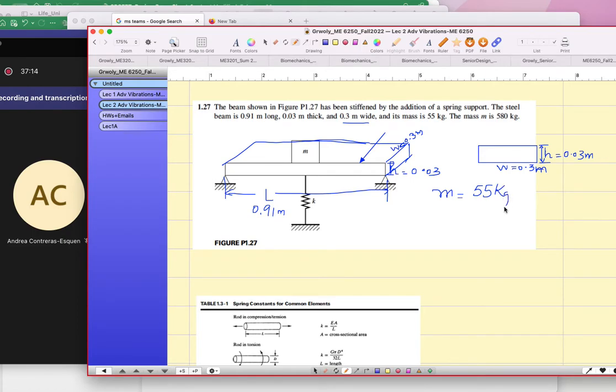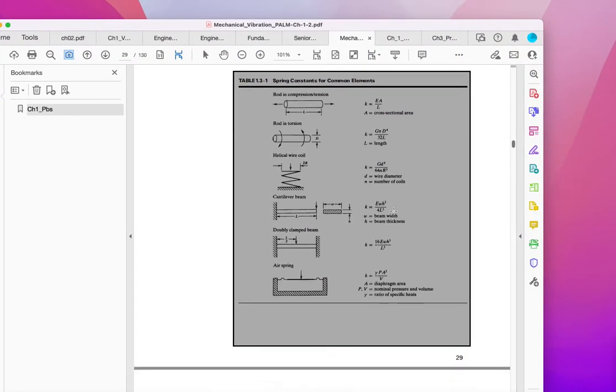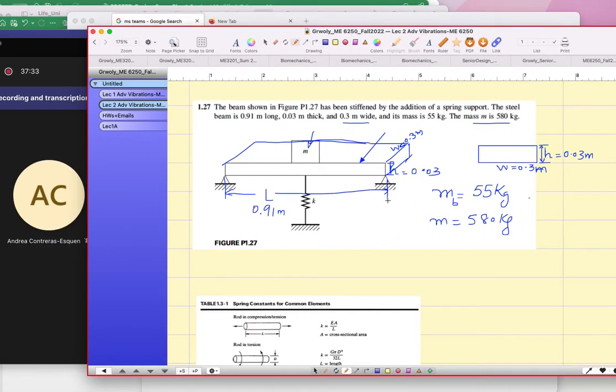55 kilogram, and the mass on top of it, other than the mass of the beam, is 580 kilogram. Let me complete the statement here. Still it is incomplete.